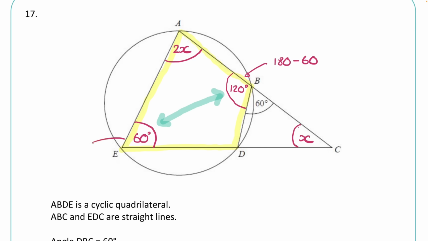And we can write, again, working out for that, 180 take away 120, because opposite angles in a cyclic quadrilateral sum to 180 degrees. So there's no other circle theorems involved here. We just have the cyclic quadrilateral, but we do have this larger triangle, which is sort of extending out of the circle. And if you have a look at that triangle, we have this angle of 60 and two missing angles, but we have an algebraic angle.